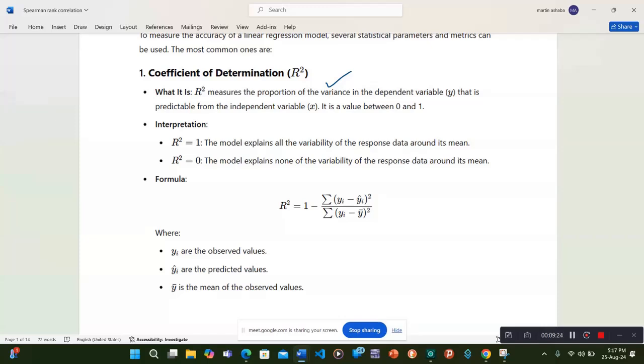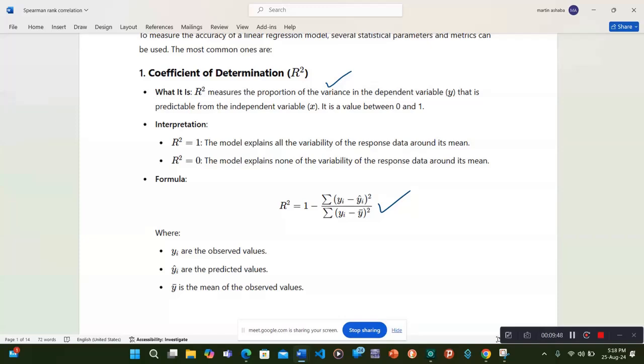The value lies between 0 and 1. If r squared is equal to 1, the model explains all the variability of the response data around its mean. If it is 0, the model explains none of the variability of the response data around its mean.